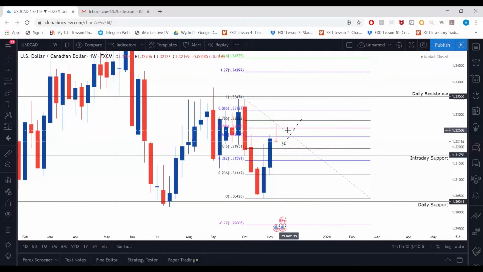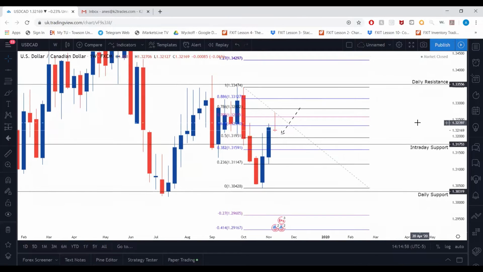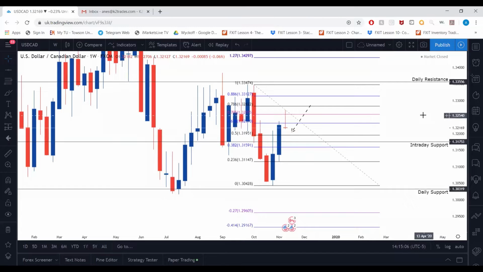If you sold at 70.5, that would be a great entry, even at 61.8, because you see how the weekly closed as bearish. I never had higher than 61.8. Yeah, 61.8 and definitely 70.5. I've been testing it and looking at it in some cases, and it actually can give you great entries.